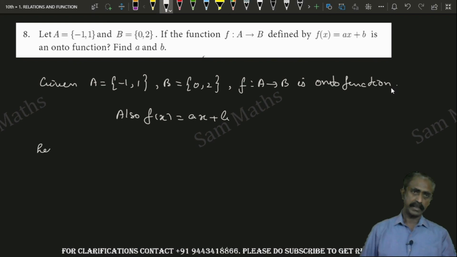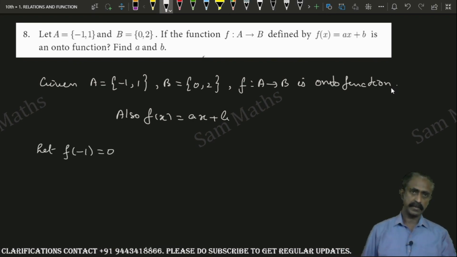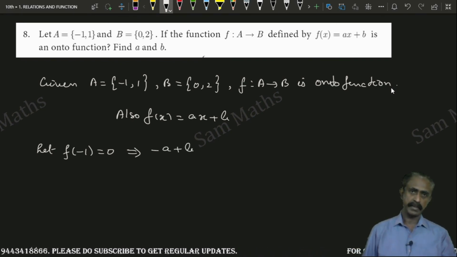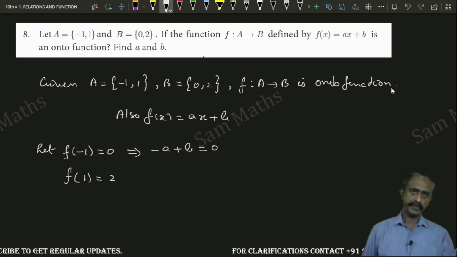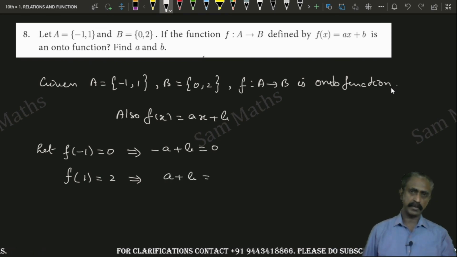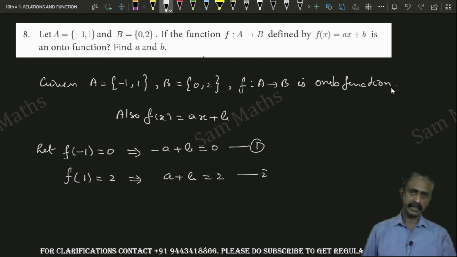I am assuming f of minus 1 is equal to 0, which implies you substitute x equal to minus 1, that is minus a plus b equal to 0. Next I am taking f of 1 is equal to 2, which implies in the place of x you put 1, that is a plus b is equal to 2. Now let it be the first equation and second equation.